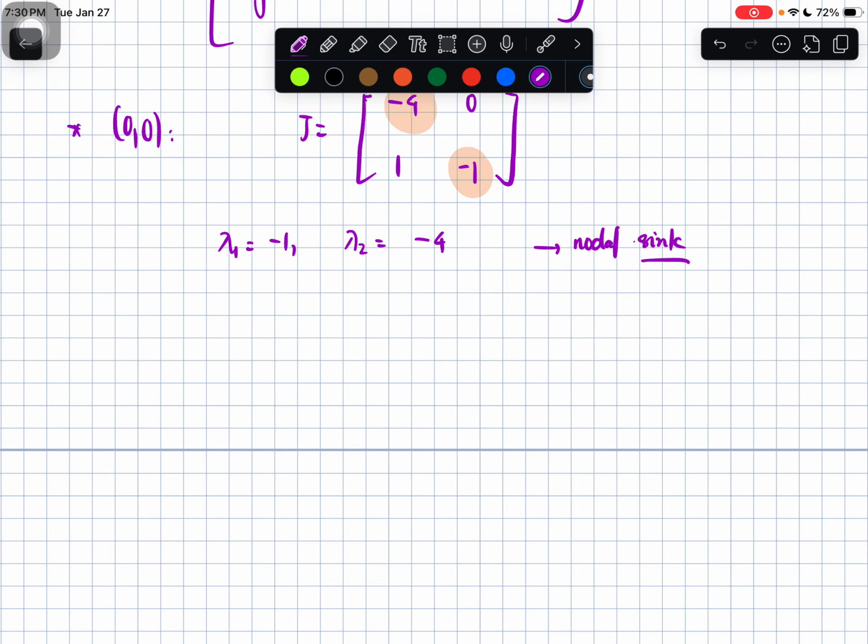So we have two eigenvectors. The first one, lambda 1 equal to minus 1, V1 will be (0, 1).